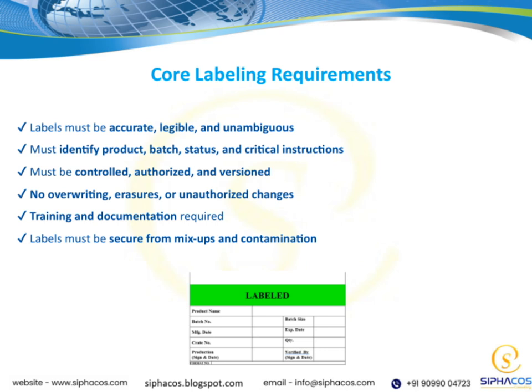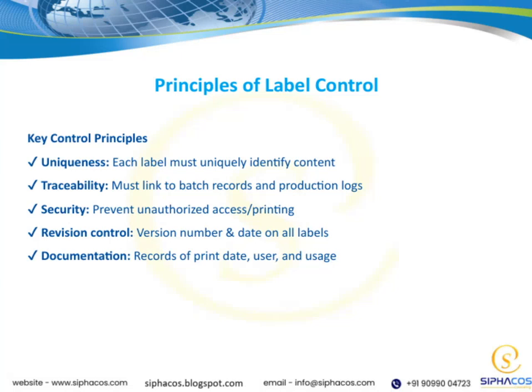Finally, labels must be secured to prevent mix-ups and contamination. This involves using materials and methods that protect labels from damage and tampering, which is especially important in environments where sterility and safety are top priorities. All these points tie together to form a robust labeling system that supports our overall goal, delivering safe, high-quality products to our customers.